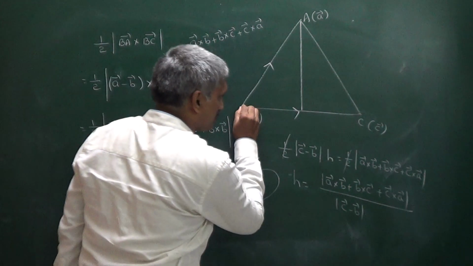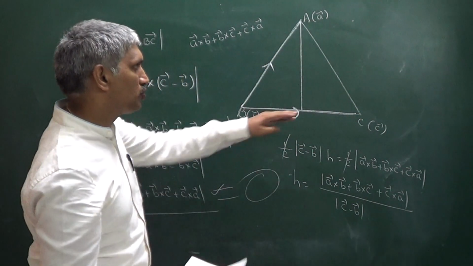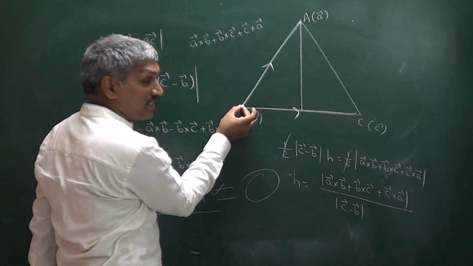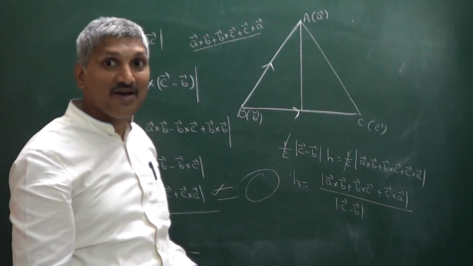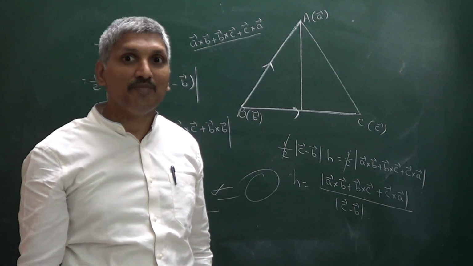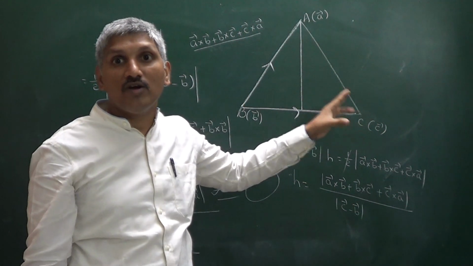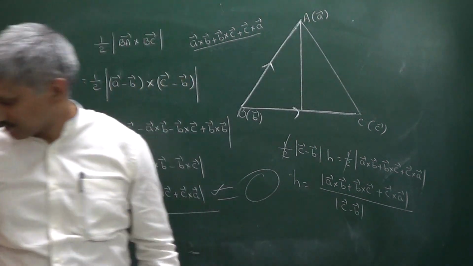Yes, this is BC bar, this is BA bar. These two cross product we are finding, so this is the direction. That's why it represents a vector perpendicular to the plane of ABC, where A bar, B bar, C bar are the position vectors of the vertices of the triangle ABC.